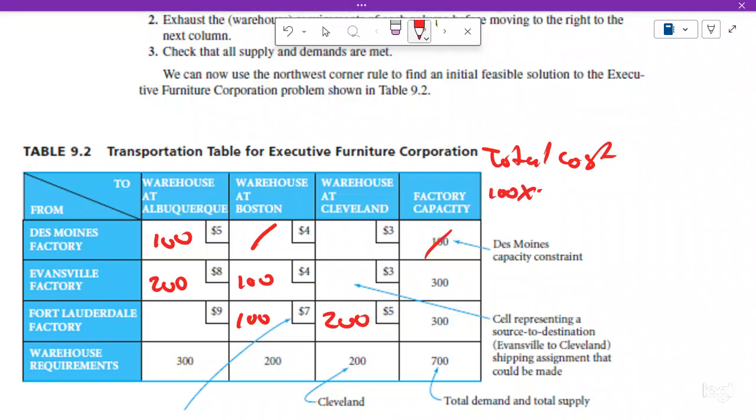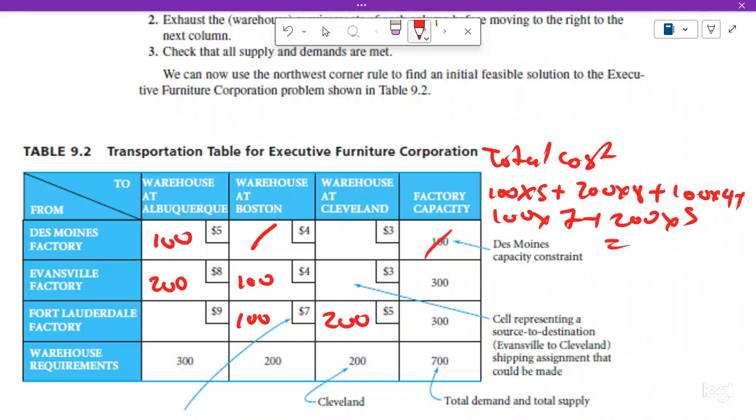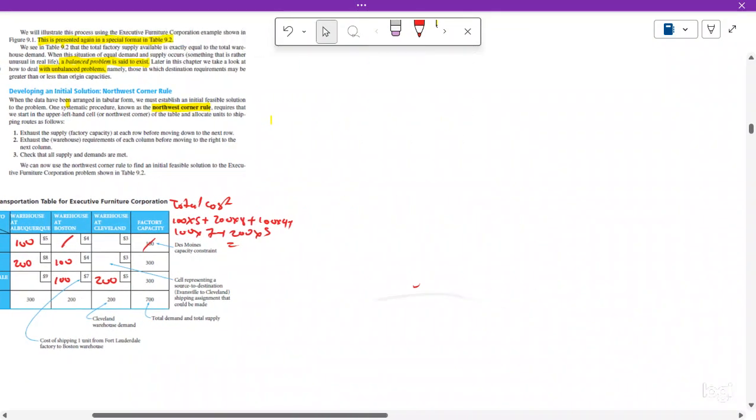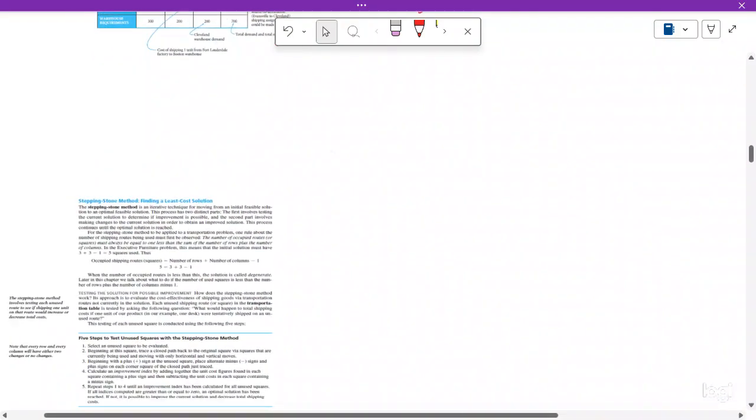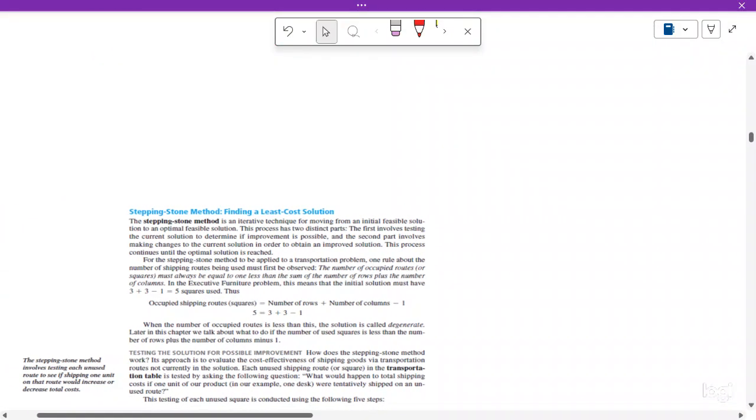100 times 5 plus 200 times 8 plus 100 times 4 plus 100 times 7 plus 200 times 5 equals... How much is it?